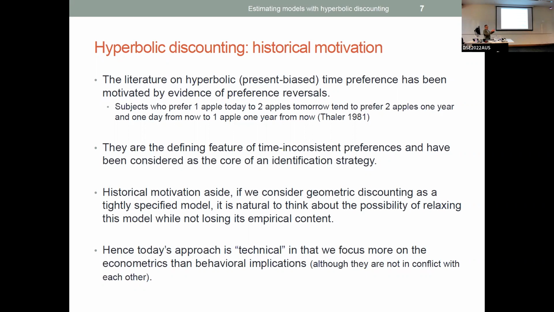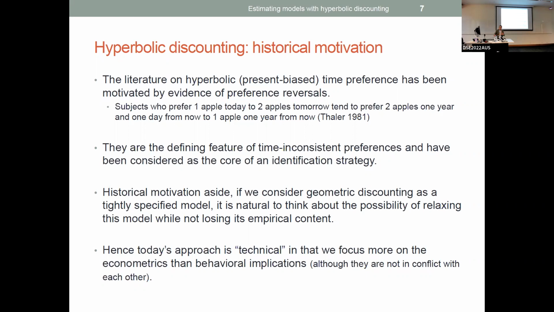So you make comparisons at different pairs of points in time. If you can observe evidence of reversals, that will be interpreted as direct evidence for hyperbolic discounting behavior. These have been considered the defining feature of time inconsistent preferences, and the core of an identification strategy.